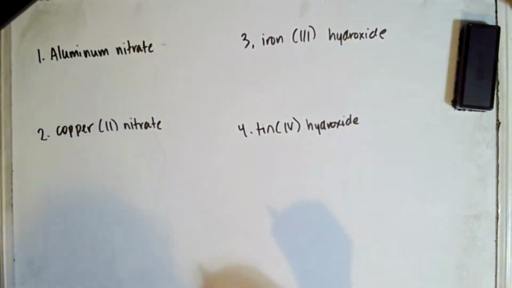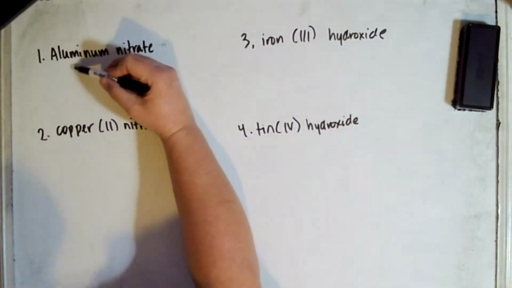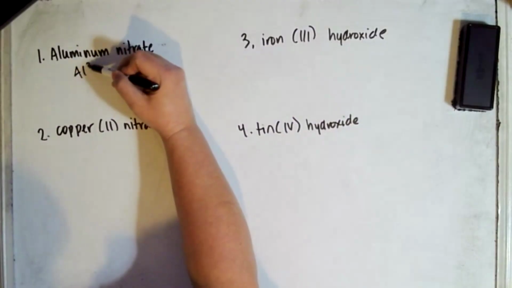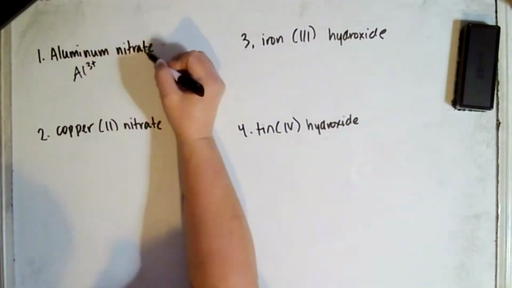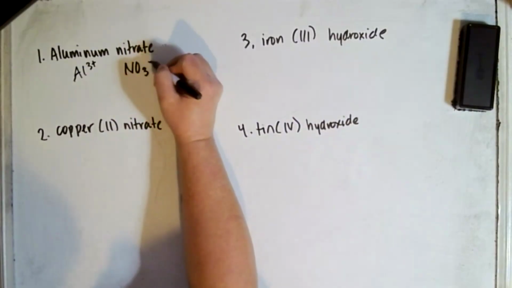And so for each one, we'll start out by writing the symbol and the charge for our cation. And then for our anion, the nitrate ion is NO3 with the -1 charge.